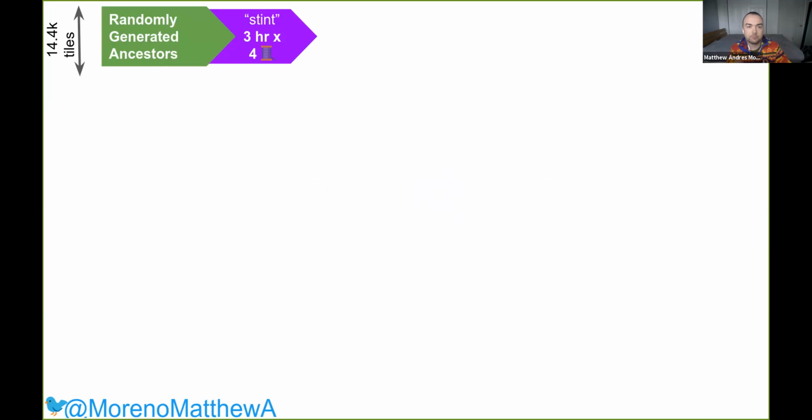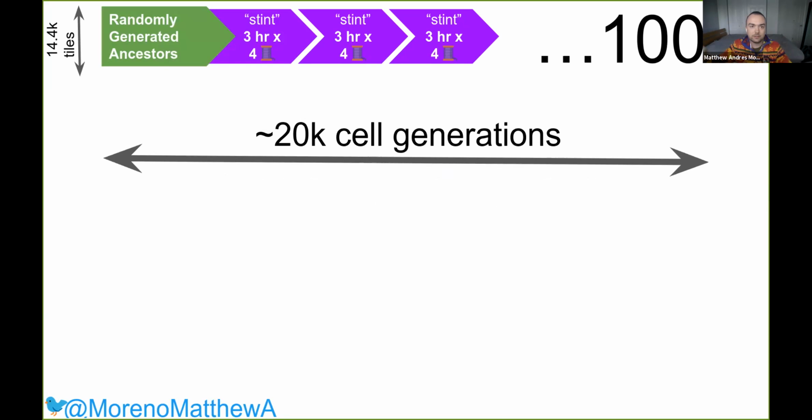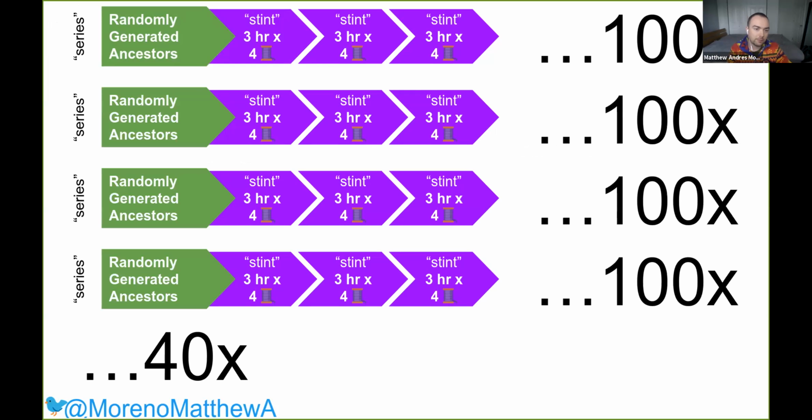We repeated this process, saving the population to file and loading it back up into a fresh environment, 100 times. So we have 100 stints of evolution, where each stint is a checkpoint along the way. With 4 threads, this was sufficient to observe about 20,000 cell generations. We repeated this process 40 times and selected our case study from one of these replicates.